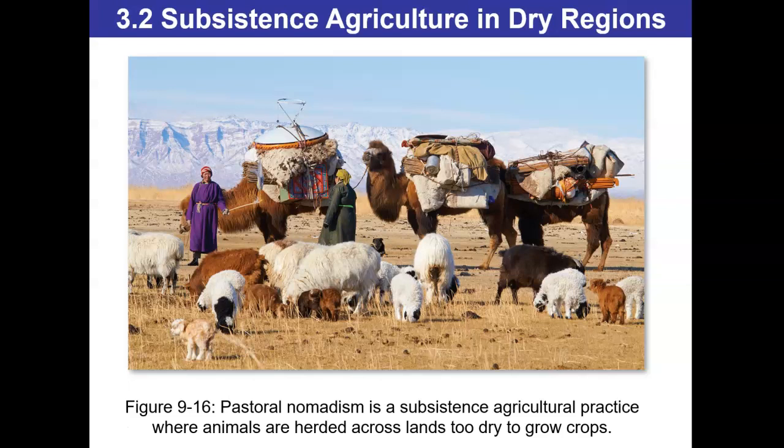As you can see here, you'll see goats, and these goats need more water than camels, but they can survive on any vegetation as mentioned earlier. These are milking goats, and this is the Gobi Desert in Mongolia.